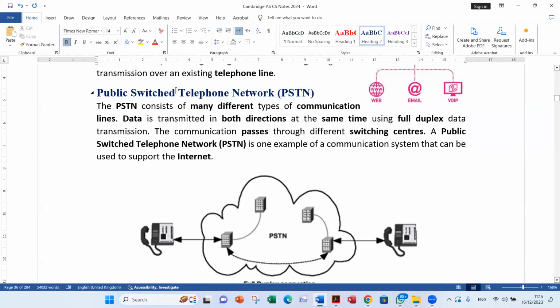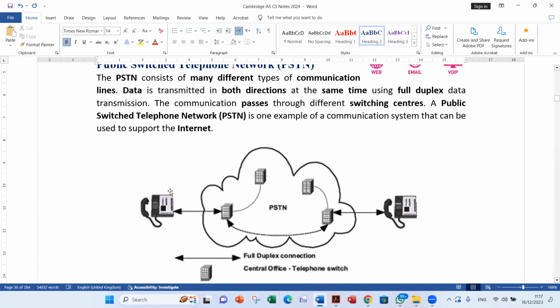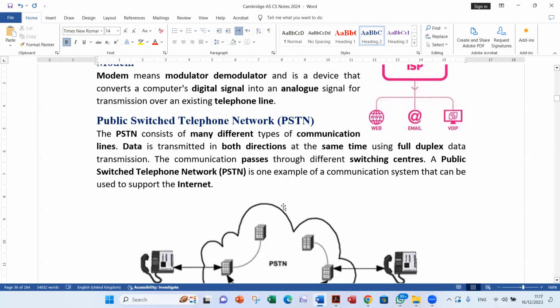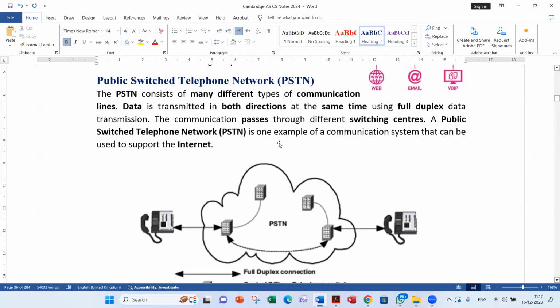And public switched telephone network. This is when you call somebody on the landline. When you dial the telephone number, the network establishes a series of connection links until there is a link between you and the destination. We call this the public switched telephone network.